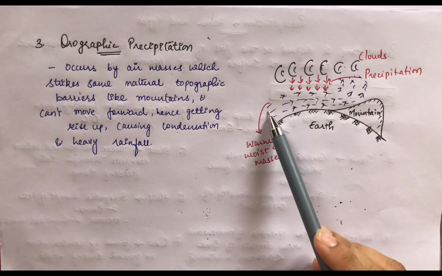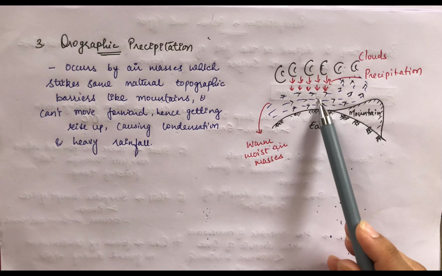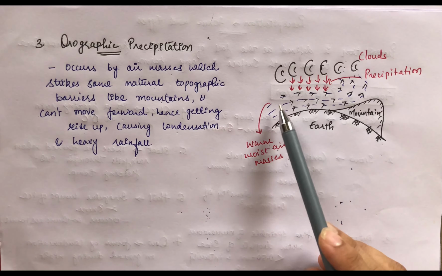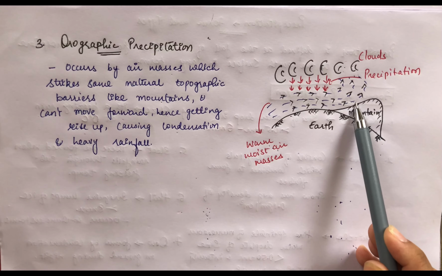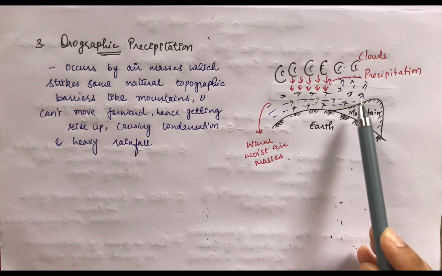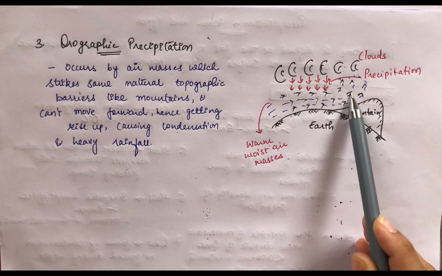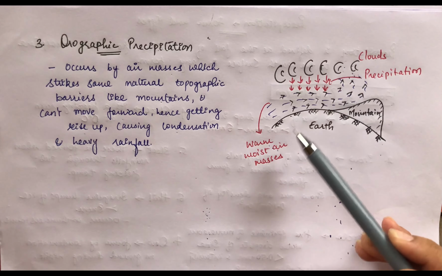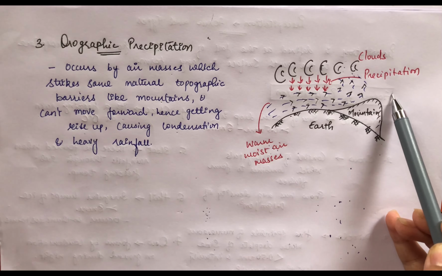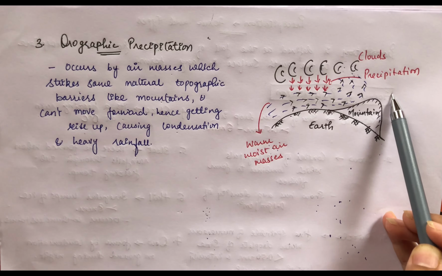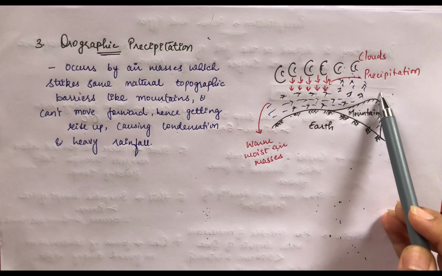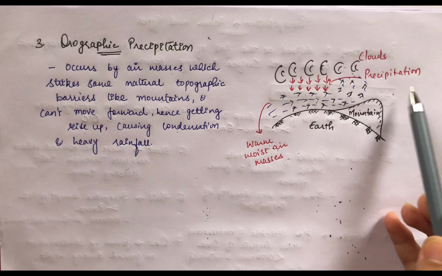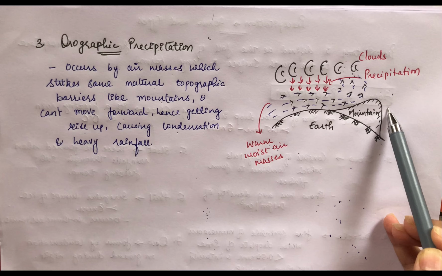Now when these warm moist air masses travel along the mountain, and when they strike these mountains, they cannot move forward, as a result of which they move in the upward direction to a higher altitude, resulting in condensation and precipitation. So I hope now you are clear with three kinds of precipitation, that is cyclonic or frontal precipitation, convective precipitation and orographic precipitation.